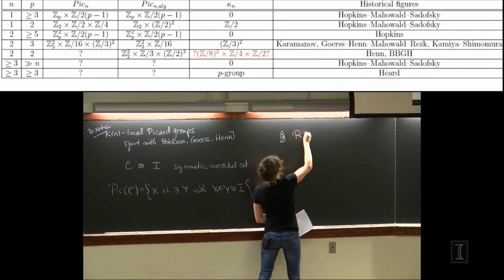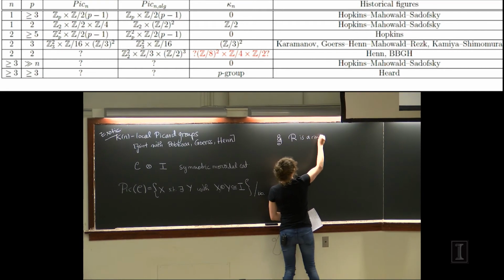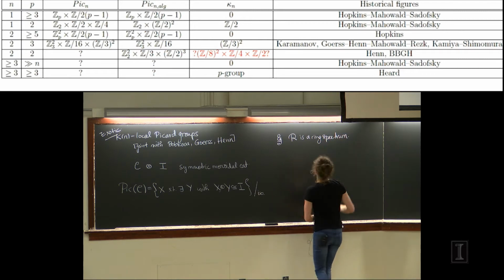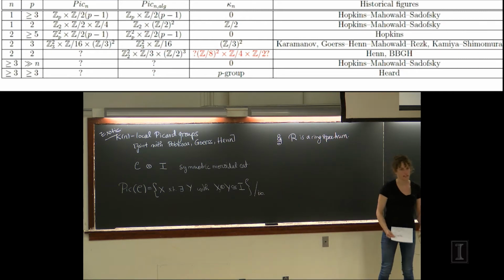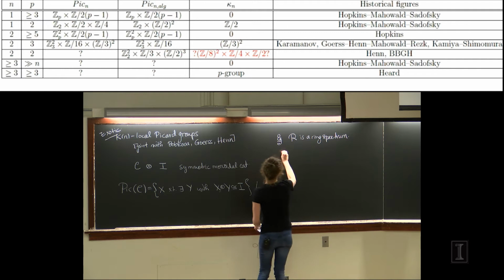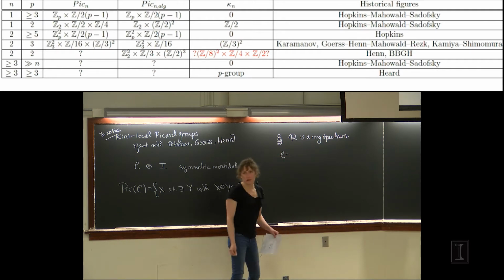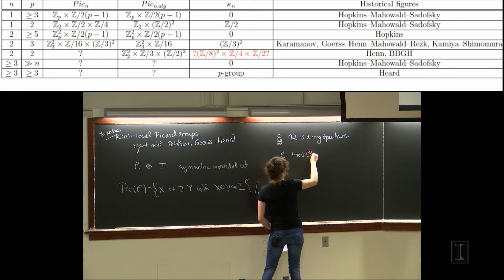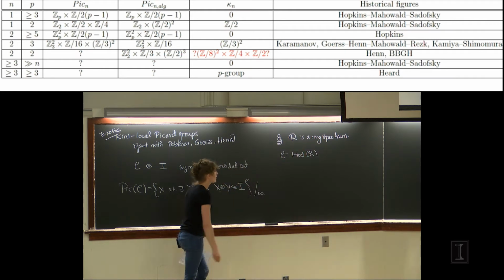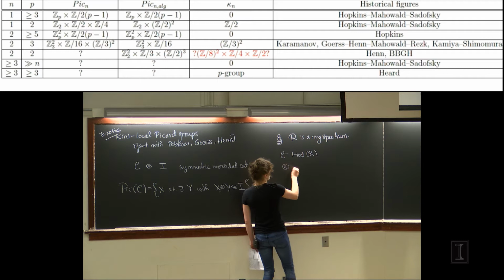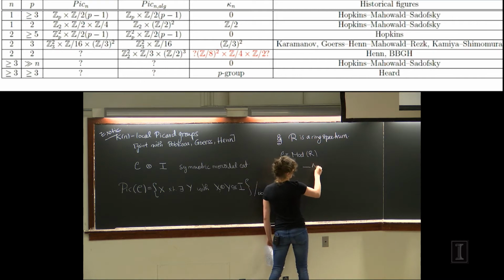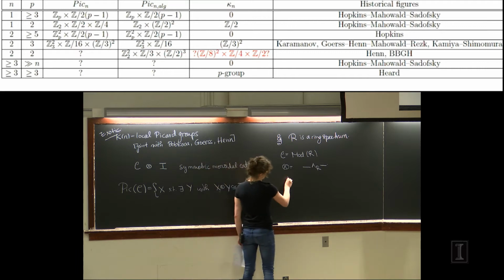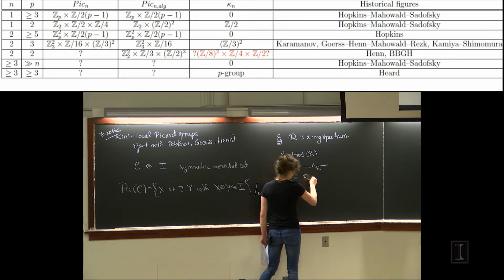So if R is a ring spectrum, there are two classes of examples that are going to come up. First, I could look at the homotopy category of R module spectra. In this case, the monoidal product will be tensor over the ring spectrum R, and the unit will just be R itself.